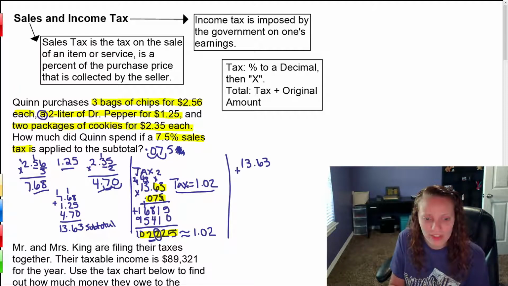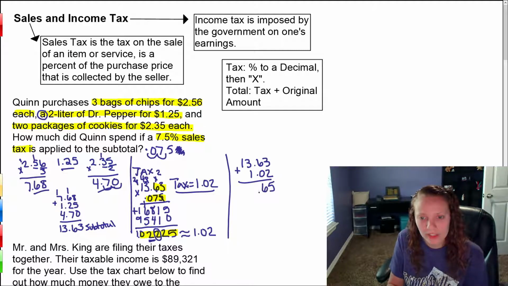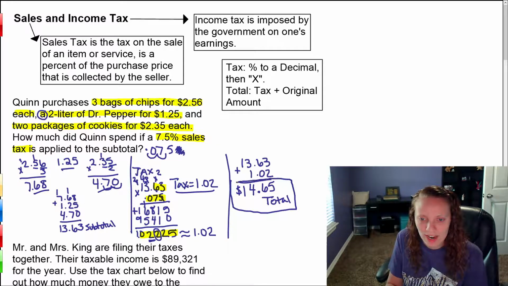And we're going to add that with $1.02. 3 plus 2 is 5. 6 plus 0 is 6, bring that decimal down. 3 plus 1 is 4, and then bring the 1 down. So our total is $14.65. This is the cost of all of our snacks and the tax.